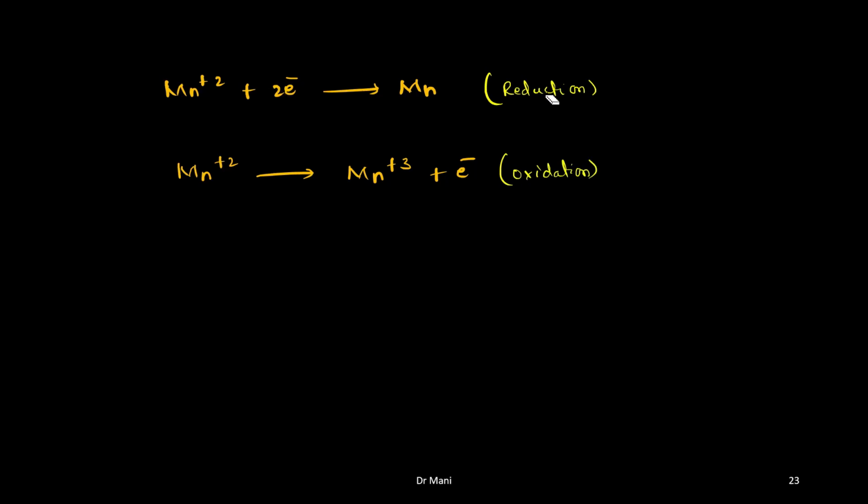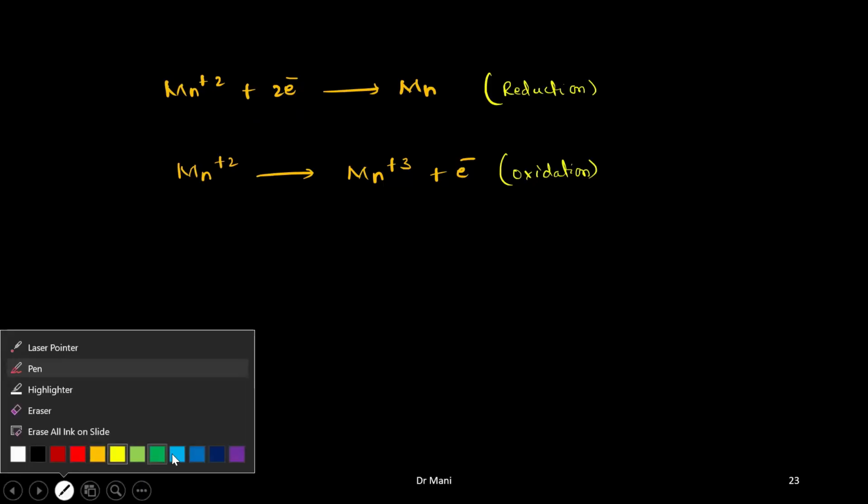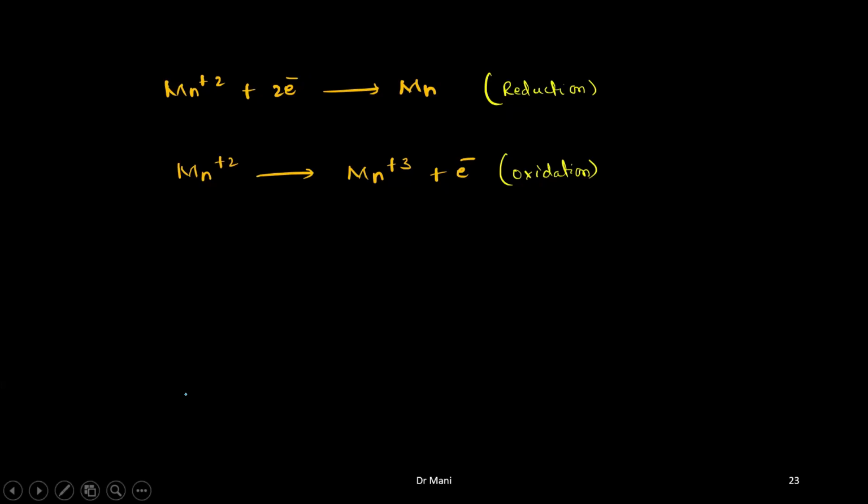So this is reduction, and we know reduction will happen at where? At cathode or anode? Cathode. If you have confusion between cathode reduction or cathode oxidation, remember it is CR. CR, remember like a class representative.